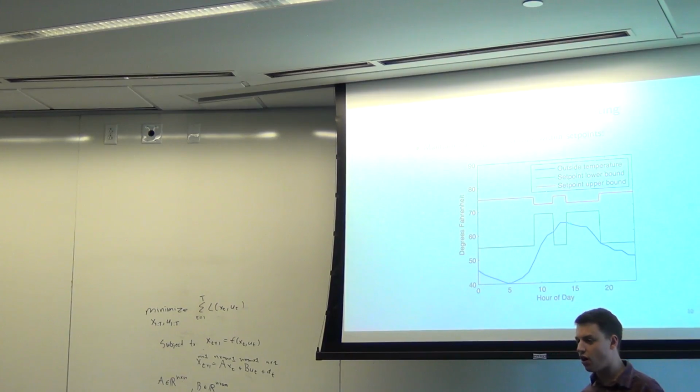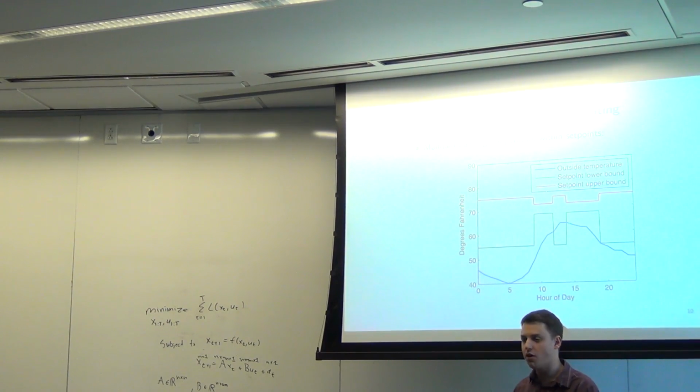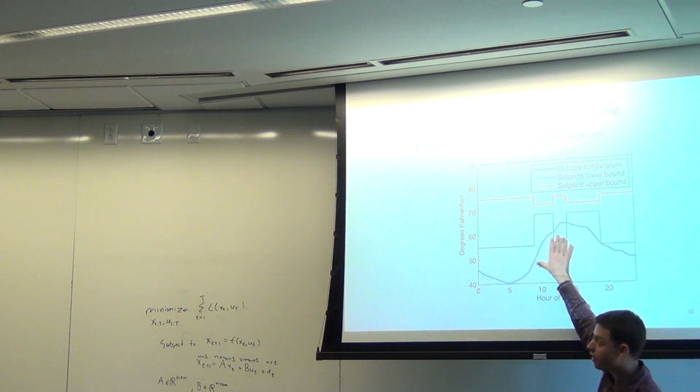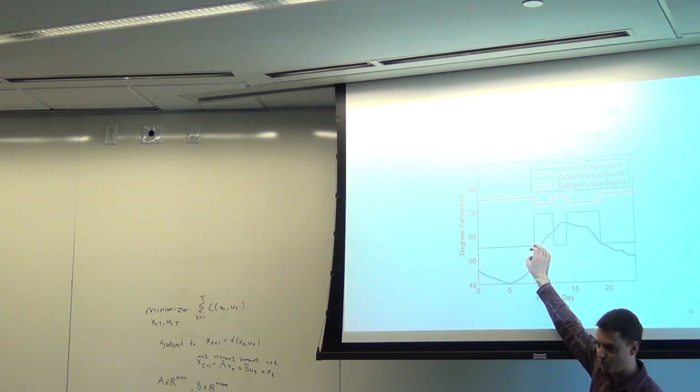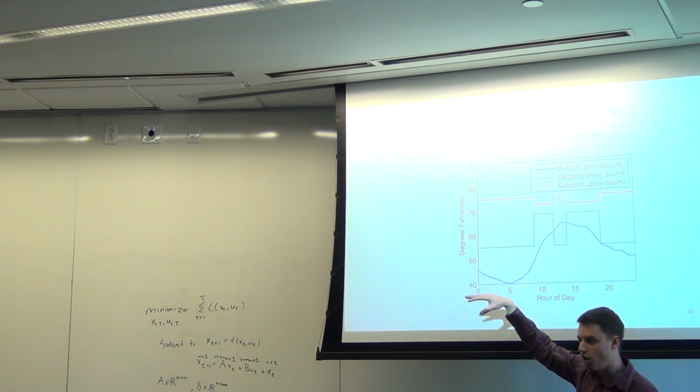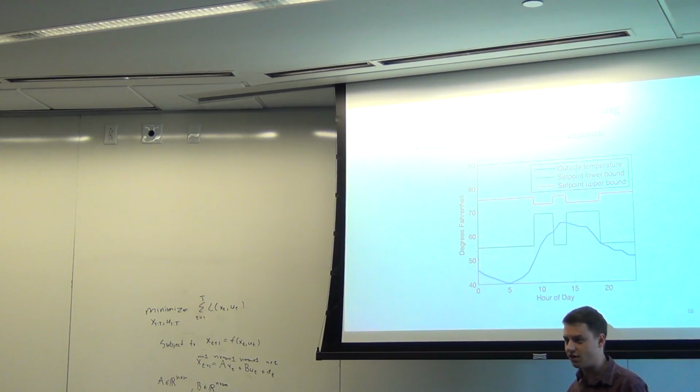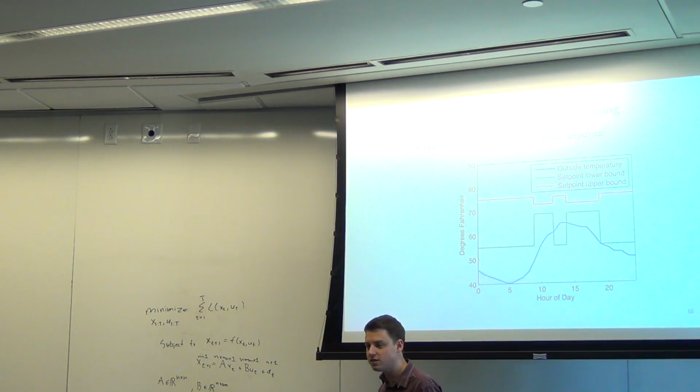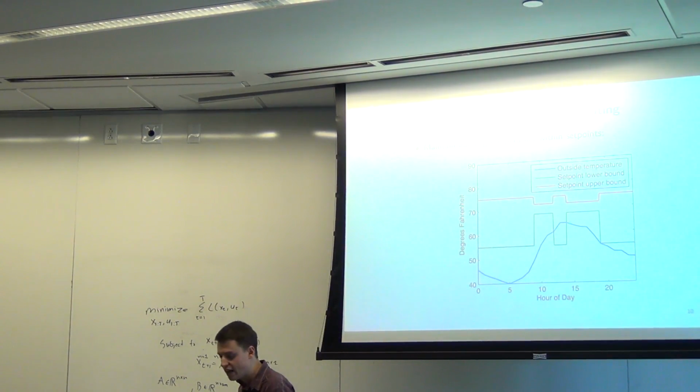In this case, we're going to optimize the cost of electricity, assuming the electricity varies in cost over the day, to maintain comfort in the room, keeping the temperature within these bounds while minimizing the cost of generation. That seems pretty simple, but it turns out even this simple example creates a lot of behavior that is quite complex.